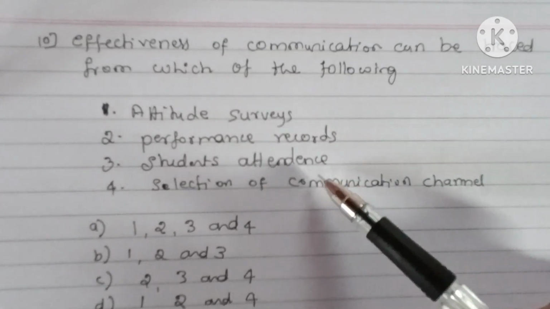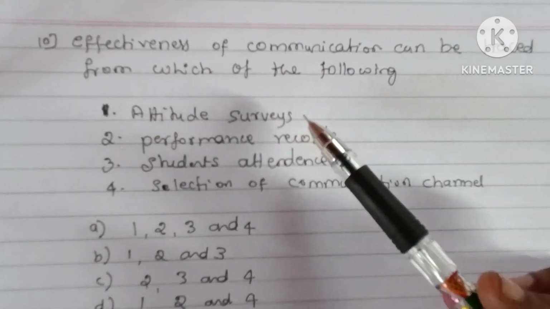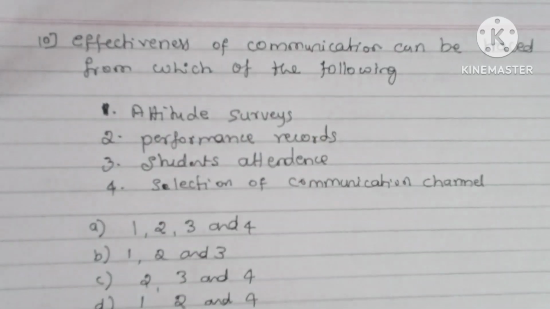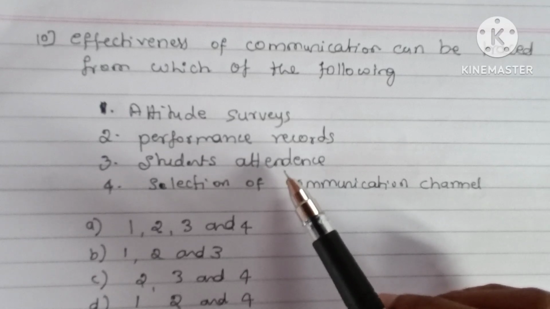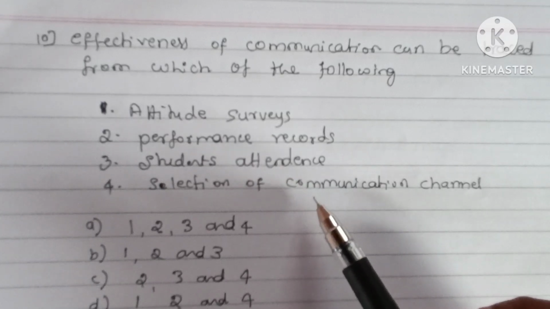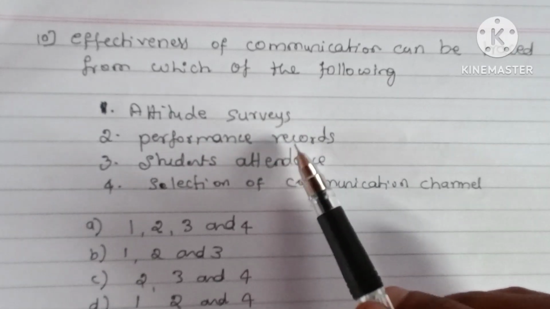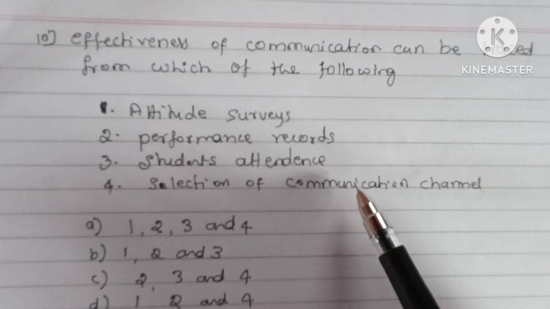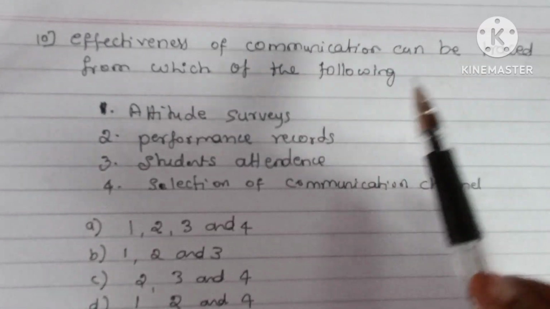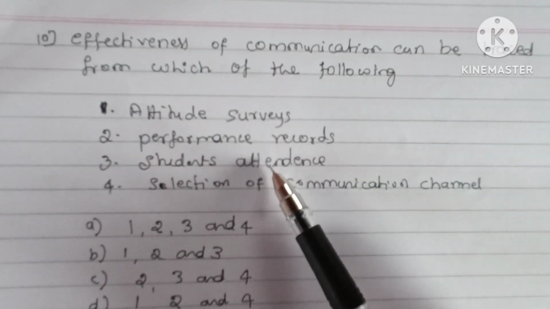So, in the four options: attitude surveys, performance records, student attendance, selection of communication channel. The attitude surveys, performance records and selection of communication channel trace the effectiveness of communication, but student attendance is only related to students.